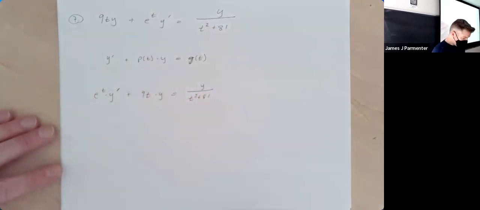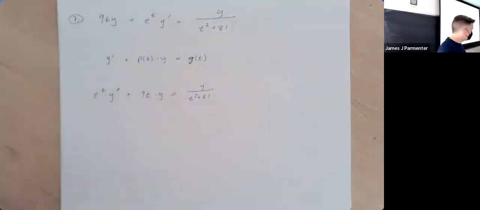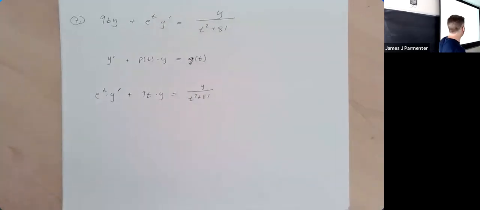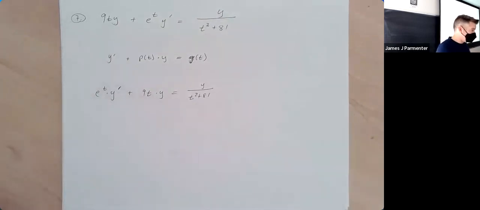And then I have to divide everything by e to the t. That's the only choice you have if you're trying to get this in that form. Y prime has to be isolated, and the only way to do that is to divide everything by whatever is multiplying it.